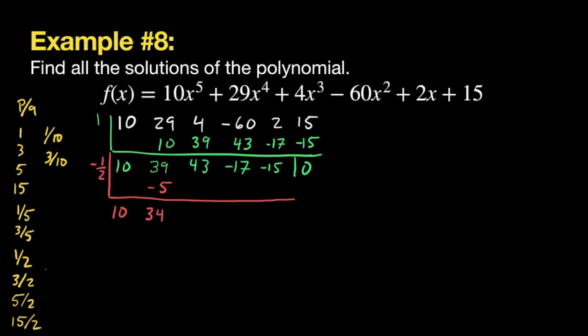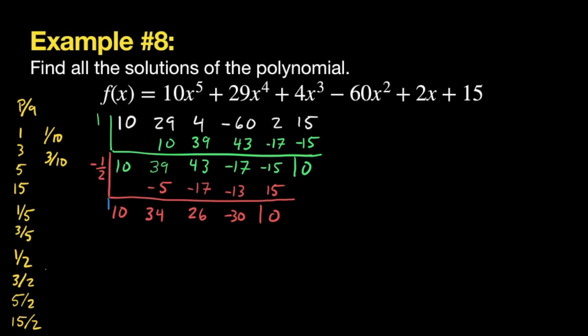When we multiply these two, we're going to get -17. We get 26. -1/2 times 26 is going to be -13. And this is going to be -30. -1/2 and -30 is going to be +15. And that's going to be our next zero.